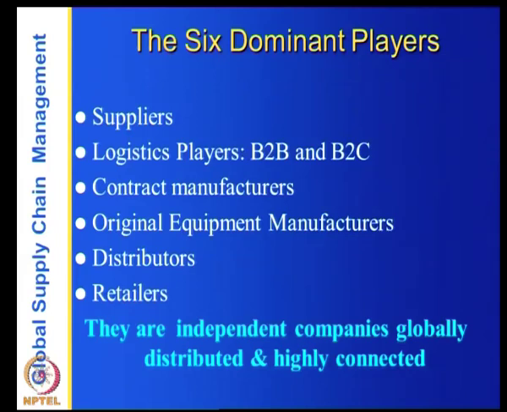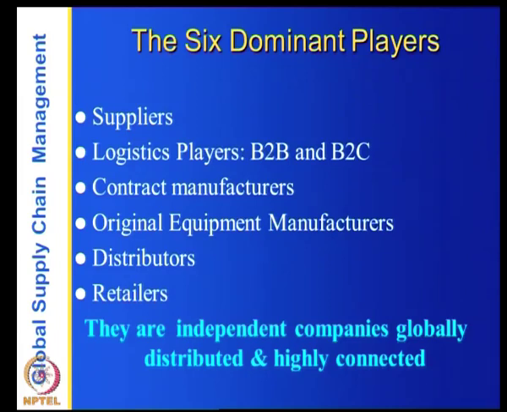So, there are logistics players. How many logistics players? Because each supplier, when he supplies to the manufacturer from his own country, has his own logistics players. So, there are several logistics players from each country in this. There are contract manufacturers who basically supply the sub-assemblies or sometimes the final products.